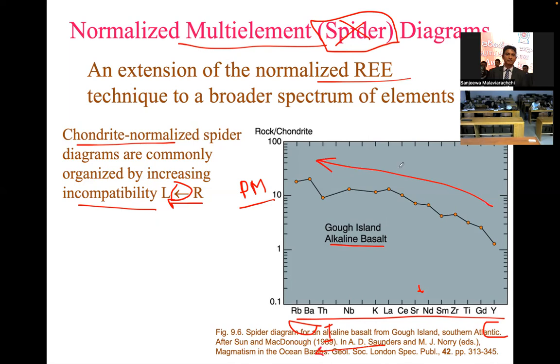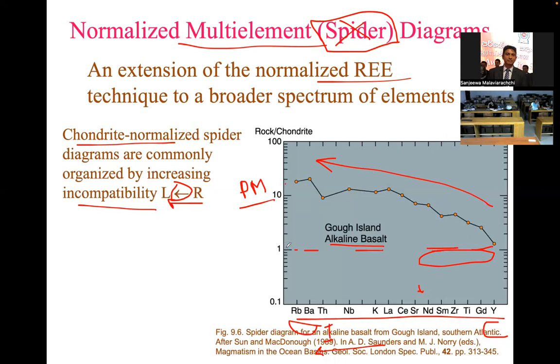So what is the trend here? This trend means an incompatible element enriched pattern. We call it an incompatible element enriched pattern because relative to the compatible elements which are lying on this side, the incompatibles are showing higher compositions, right? Because they are showing higher values. For example, if you take the most compatible element there, yttrium, the element Y, relative to the primitive mantle it's 1, right?